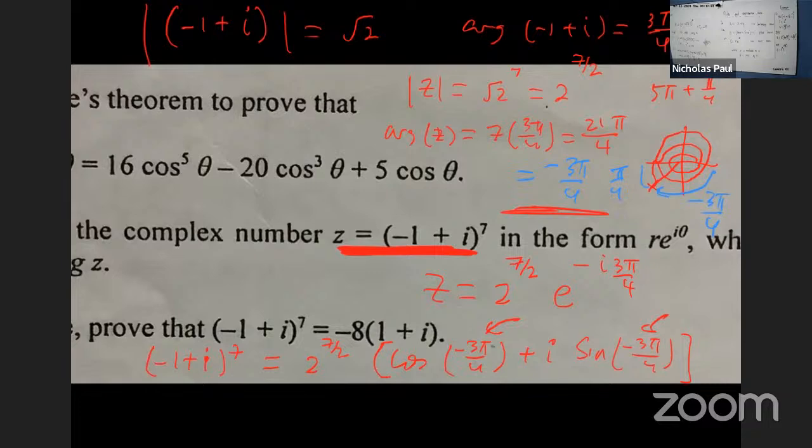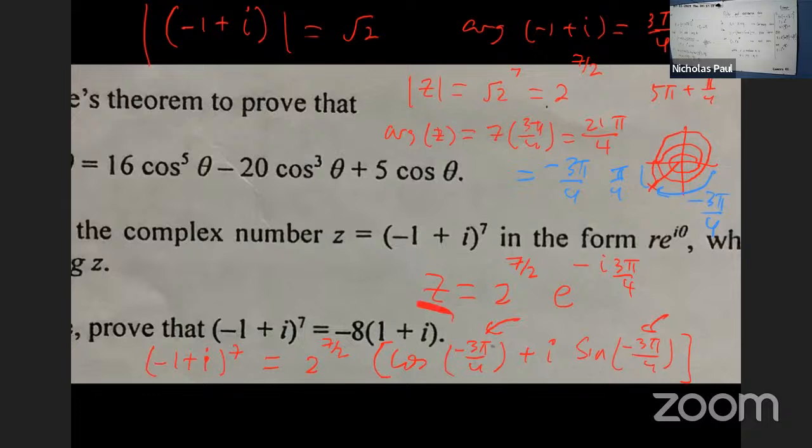Do that now. What to do now? How do I turn my part in red into minus 8 minus 8i, or 1 plus i?